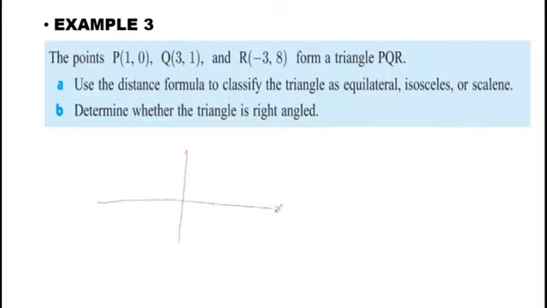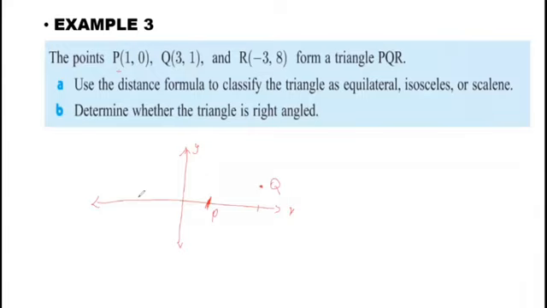So if this is my Cartesian plane, I have my X and the Y axis. So point P, 1, 0, probably around this side. So 1, 0. So this is point P. Q, 3, 1. So 3 and 1 here. So this is our Q. And R, -3 around this side.